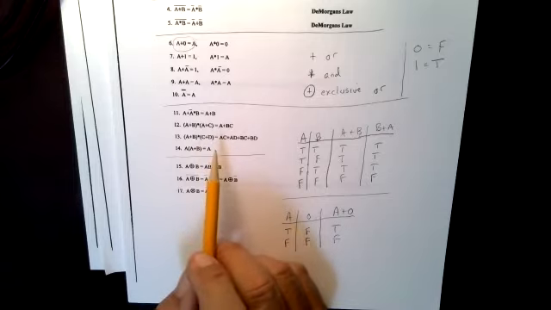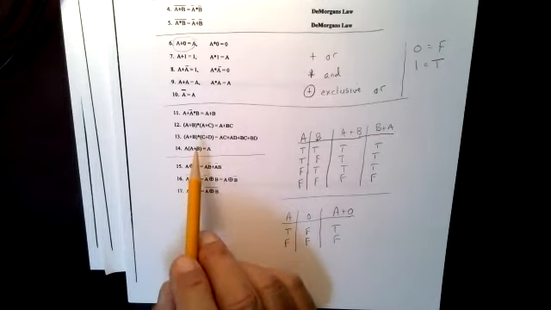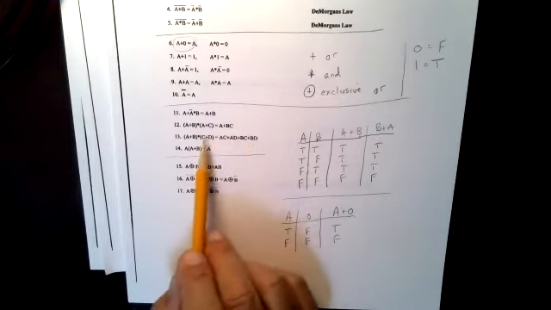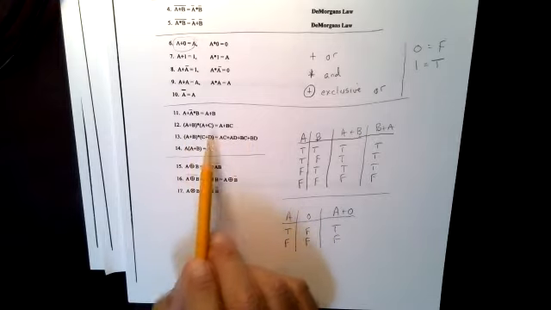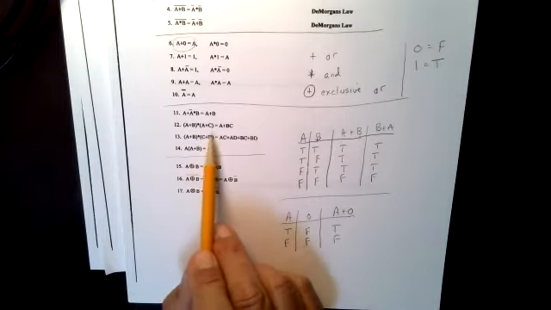Oh, you mean foil? Foil, yeah. Foil is okay to use. I still like double distribute. We take the A times the C, the A times the D, the B times the C, the B times the D.